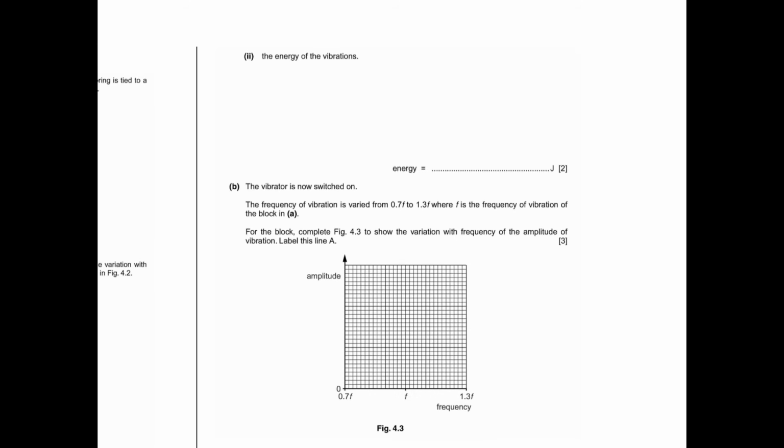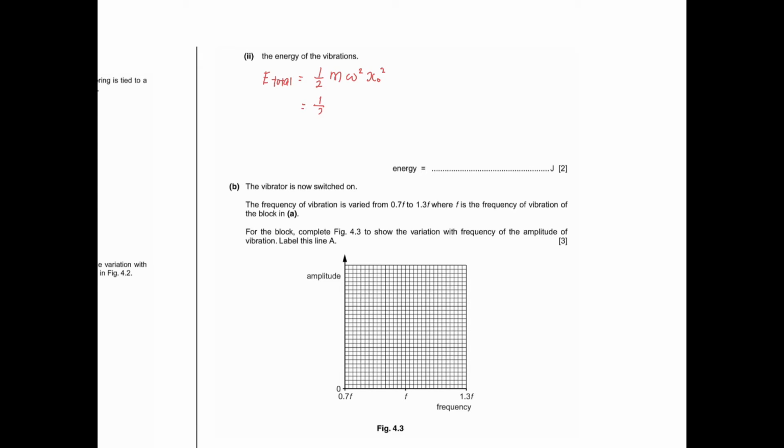Part 2, the energy of the vibrations. So to find out the energy of the vibration, the formula is E total equal to 1 over 2 m omega square, maximum displacement square, that is amplitude.